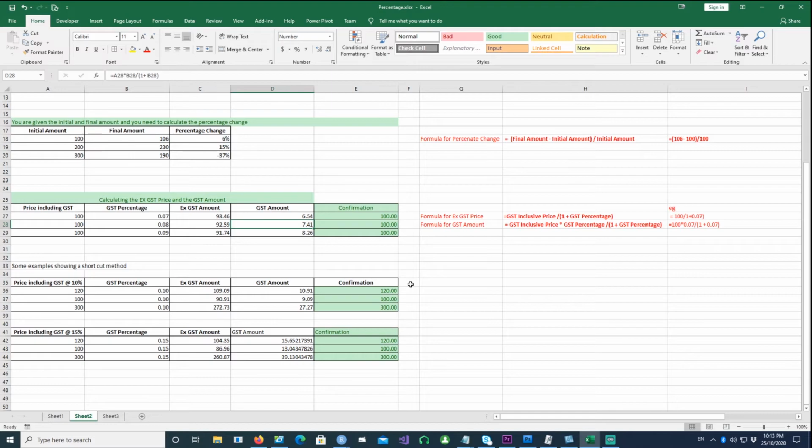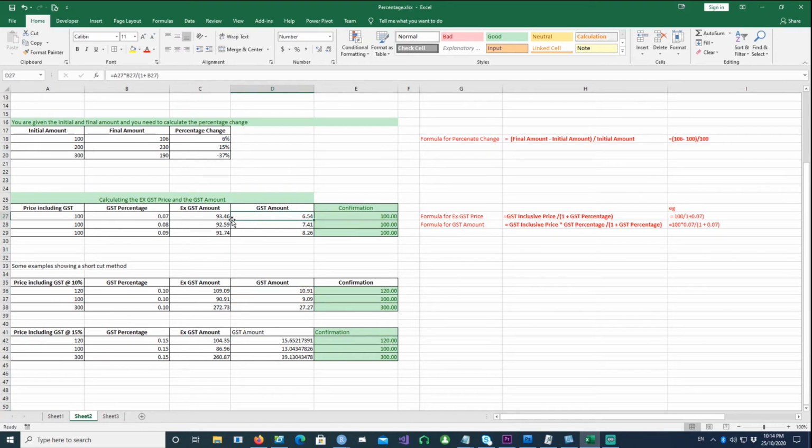Now, there are certain shortcuts depending upon which country you are from. If you have a 10% GST in your country, then it's much easier. You can start with the inclusive amount, which is 120, and then divide it by 11. And that's a shortcut.